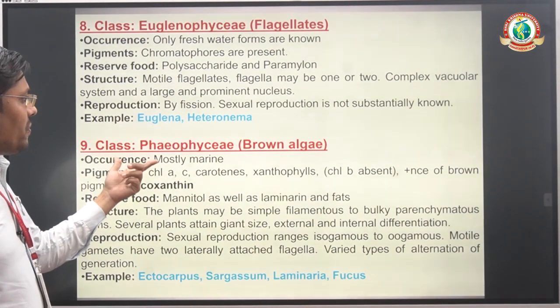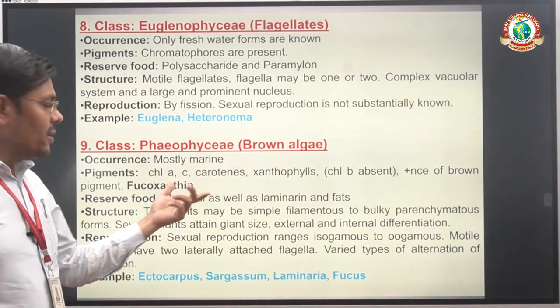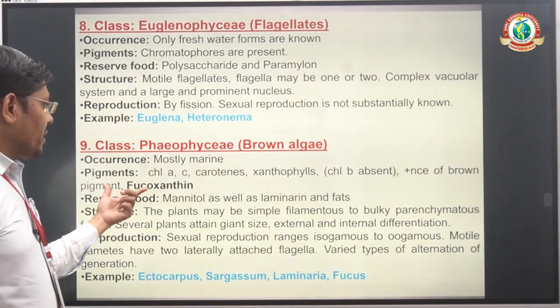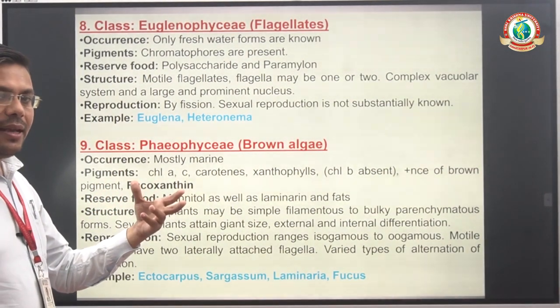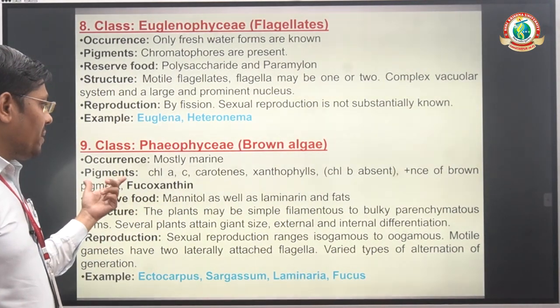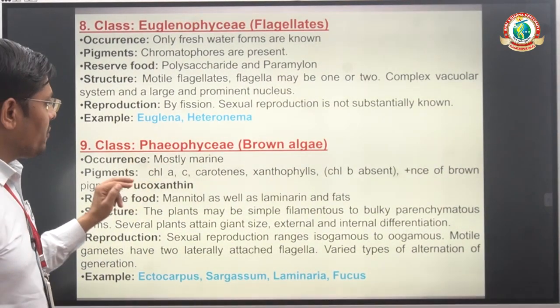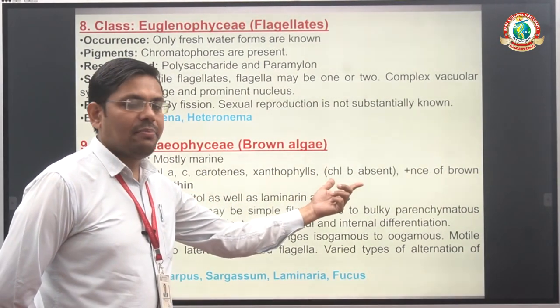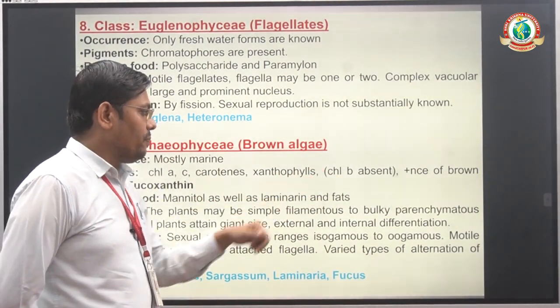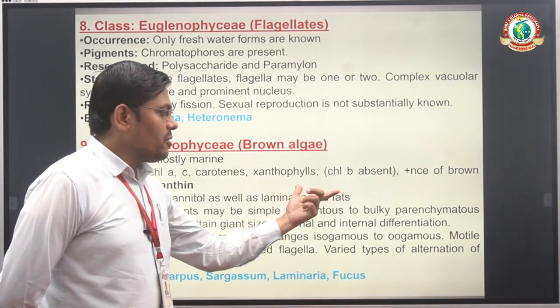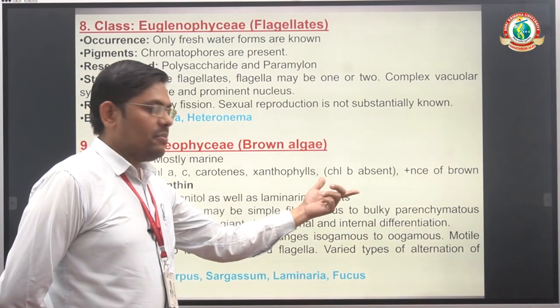Next class is Phaeophyceae, or brown algae, because they have fucoxanthin, that is why the thallus of the algae appears brown in color. Pigments are chlorophyll A, C, carotenes and xanthophyll. In Phaeophyceae, chlorophyll B is absent. That is also an important question for competitive exams: in which class of algae is chlorophyll B absent?